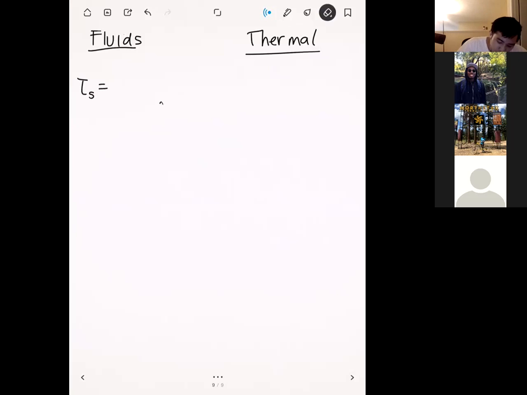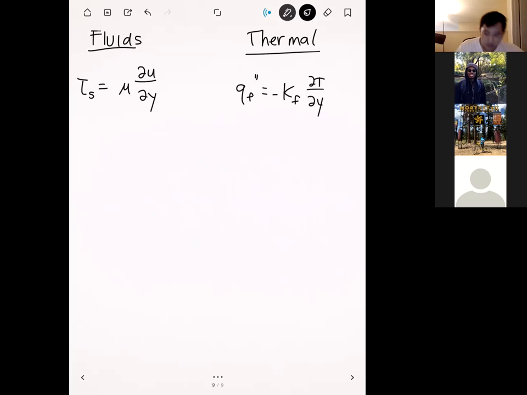The shear stress was given by mu, the viscosity of our fluid, multiplied by the velocity gradient. And for thermal, we had the heat flux, which is minus k_f times the temperature gradient.